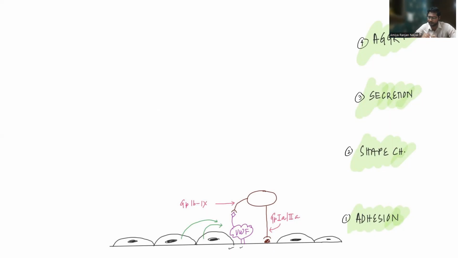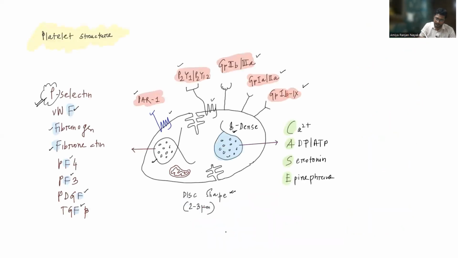Let's start with adhesion. So whenever there is endothelial injury, this endothelial injury will expose the subendothelial collagen, and this subendothelial collagen will have von Willebrand factor. Von Willebrand factor is produced by the endothelial cells, and also we have studied that von Willebrand factor is also produced by the alpha granule of the platelet.